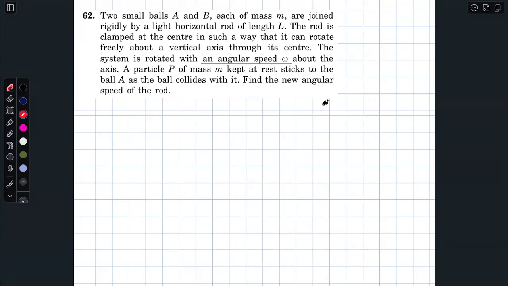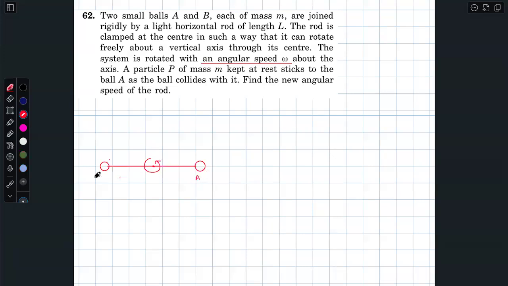Two small balls A and B, each of mass M, are joined rigidly, right? Now assume the arrangement is like this. And this is the center. And the rotation is happening like this. A particle P of mass M kept at rest sticks to the ball A as the ball collides with it. Find the new angular speed of the rod.